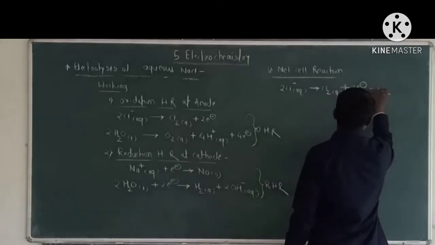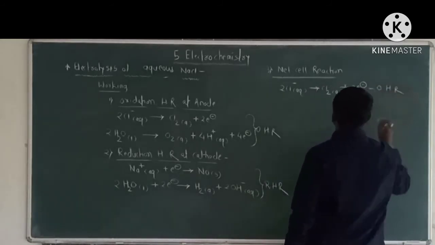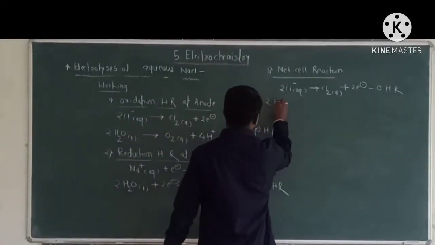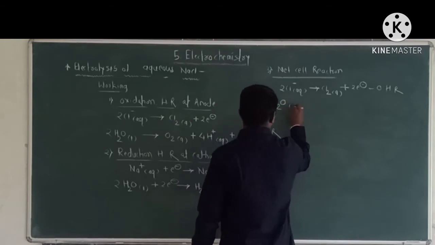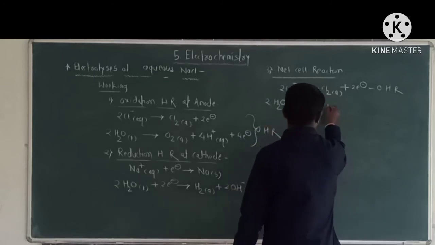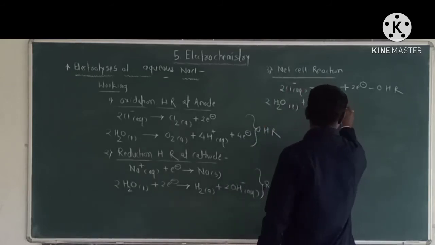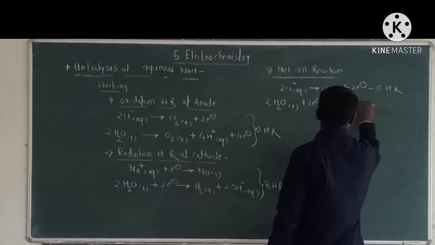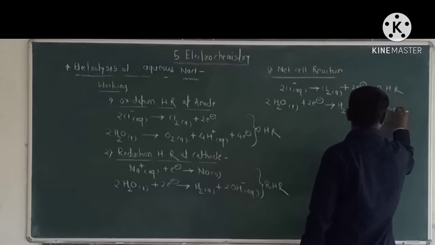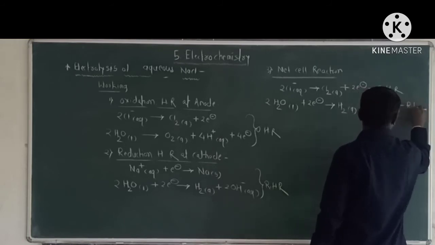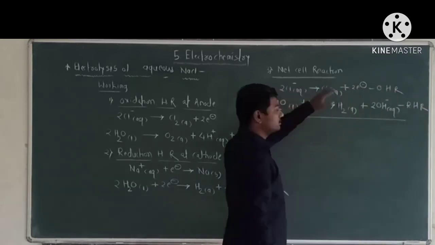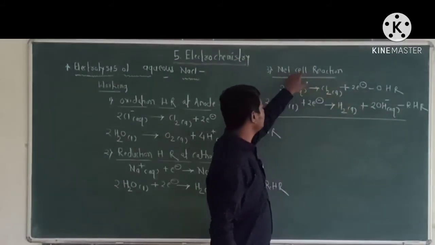This is the oxidation half reaction, and the reduction half reaction is 2H2O liquid plus 2 electrons gives H2 gas plus 2OH minus aqueous. This is the reduction half reaction. The sum of the oxidation half reaction and the reduction half reaction is called the net cell reaction.